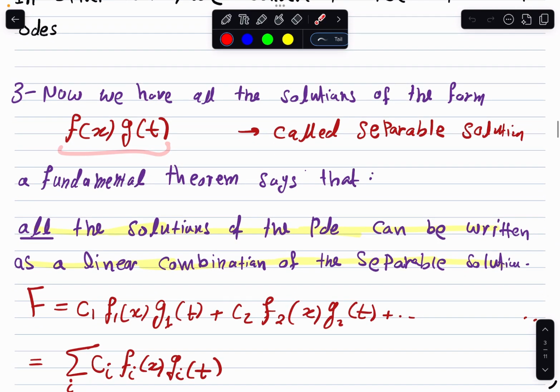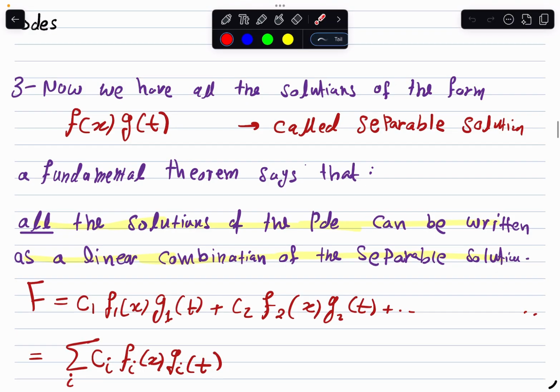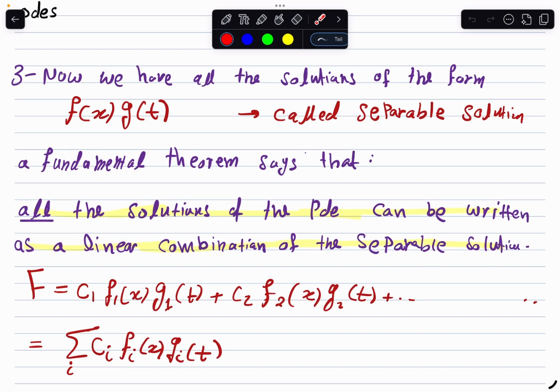So for example, the general solution is written like this. The capital F, which is the function that we started with, can be written as one solution, one of the family of these solutions, which is the separable solution. It's a linear combination, so we multiply it by a constant, plus a constant times the second member of the family of separable solutions, etc. So in a compact way it can be written as such.